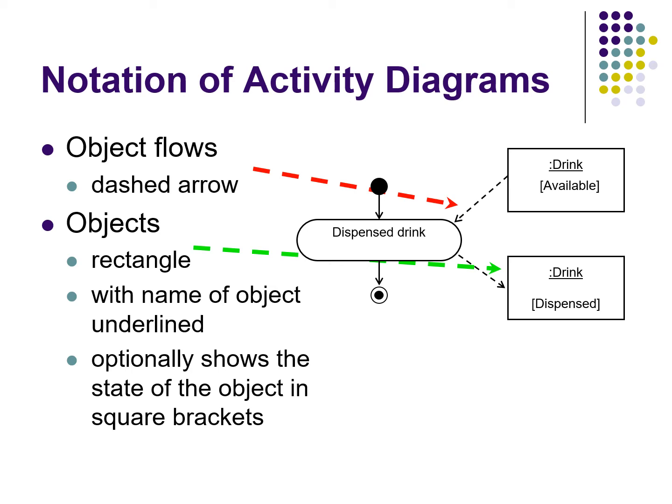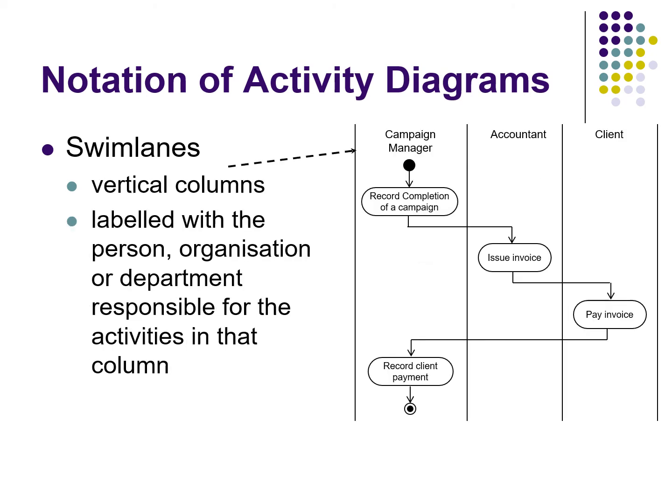From here the string is used, and then after dispense drink is completed, it will produce another object which is called drink dispensed. The one in square brackets is optional. It actually shows the state of the object. We are not covering the state of the object yet. It will be covered later on when you learn about the state chart diagram.